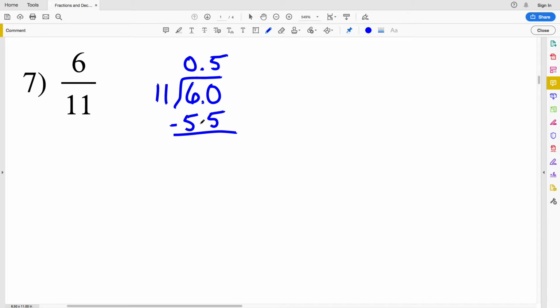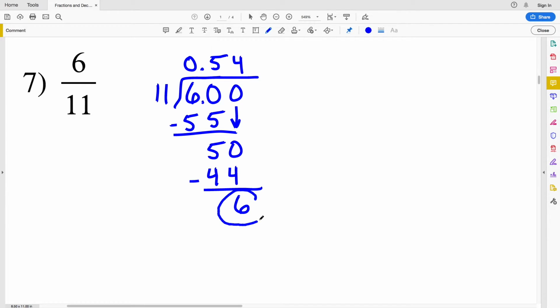So if we take 60, subtract 55, we'll get 5. So we'll bring down that 0. 11 goes into 50 4 times, and that will be 44. So 50 minus 44 will give us 6. Now look, what do you see? We got to stop because we got right back to that very beginning value we tried to do.